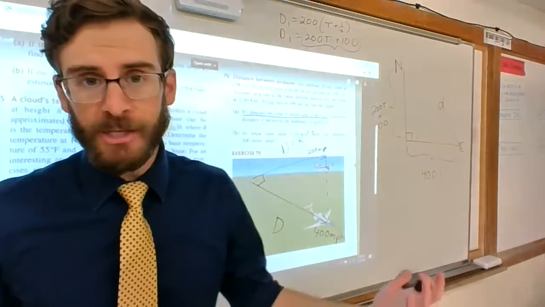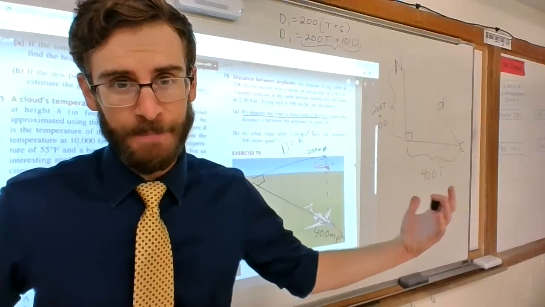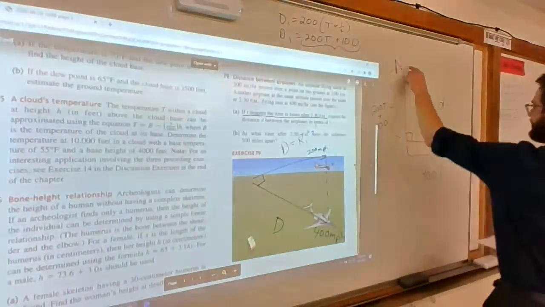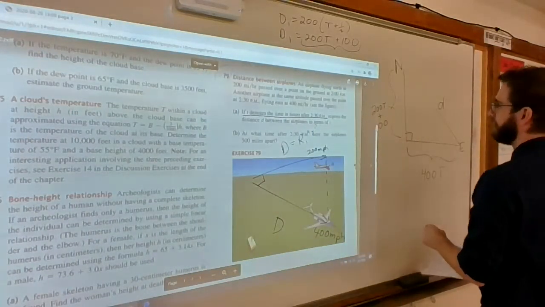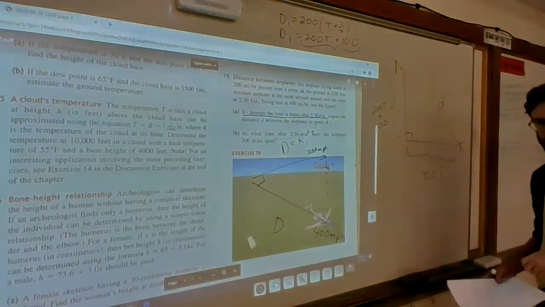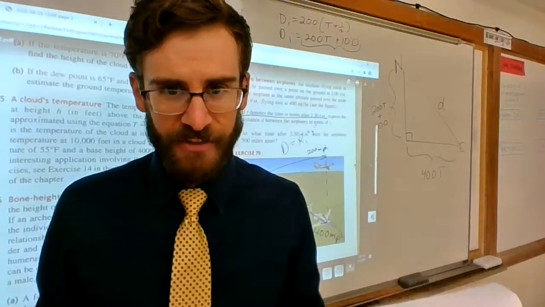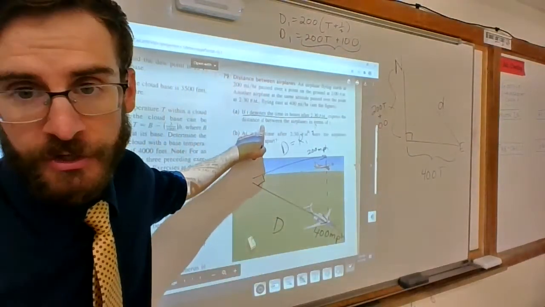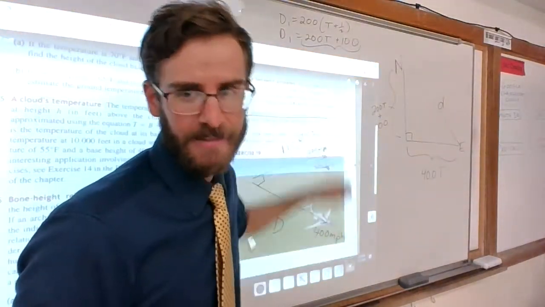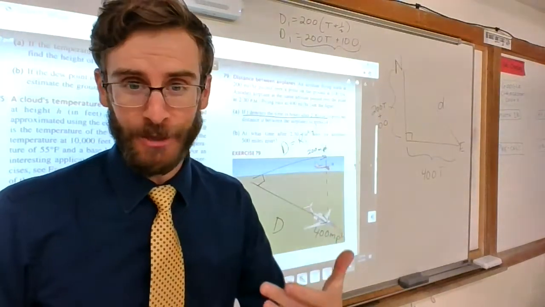The Pythagorean theorem will give us a relationship between d squared, 200t plus 100 squared, and 400t squared. Basically, we can write an equation that has d's on one side, t's on the other, and that's exactly what they're asking us to do. Write an equation, d in terms of t.